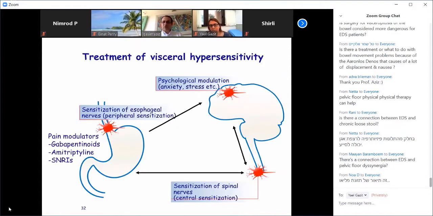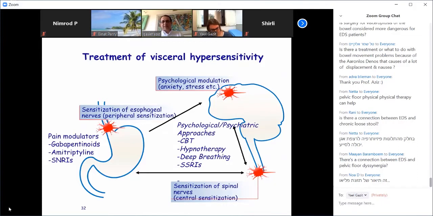Even though they're not devoid of side effects, they are nevertheless much better than opioids for the management of pain. And of course, psychological approaches when there is a lot of stress, anxiety, and depression: cognitive behavioral therapy, hypnotherapy, deep breathing, and sometimes SSRIs, serotonin reuptake inhibitors like fluoxetine, etc., are necessary to try and help our patients.